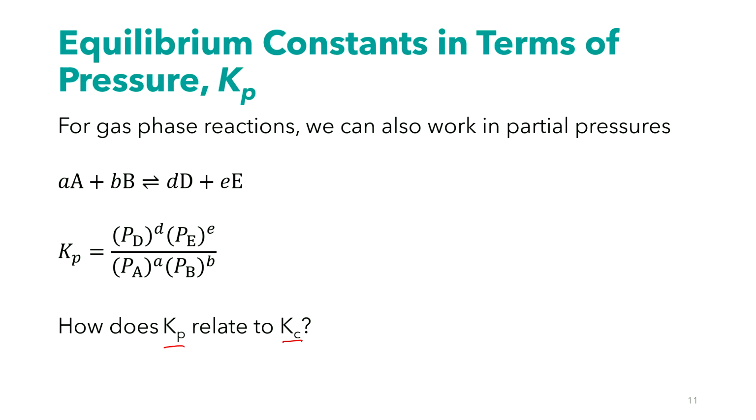So we got to do a little bit of math here for that. And we have to bring back the ideal gas law. So I'm going to redefine each of these pressures. All right, so remember that PV equals nRT, right? So PD, I'm now going to specify this for the species D. PD equals the number of moles of D times RT over V. All right?